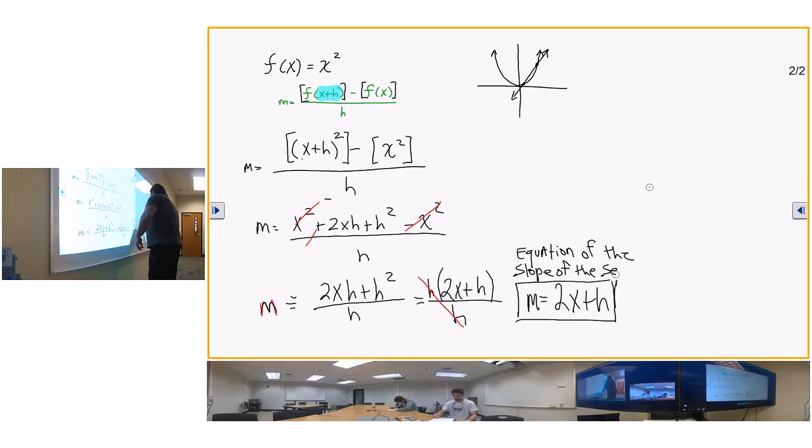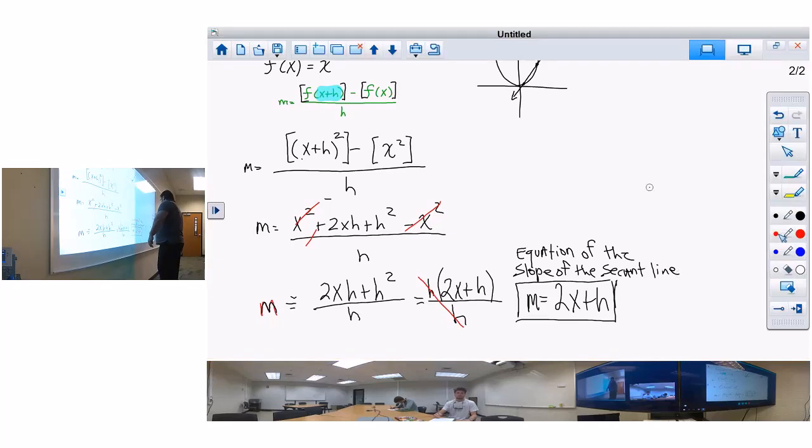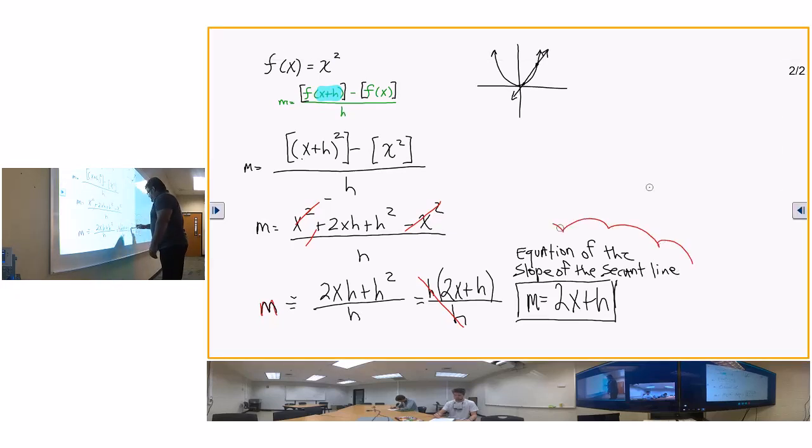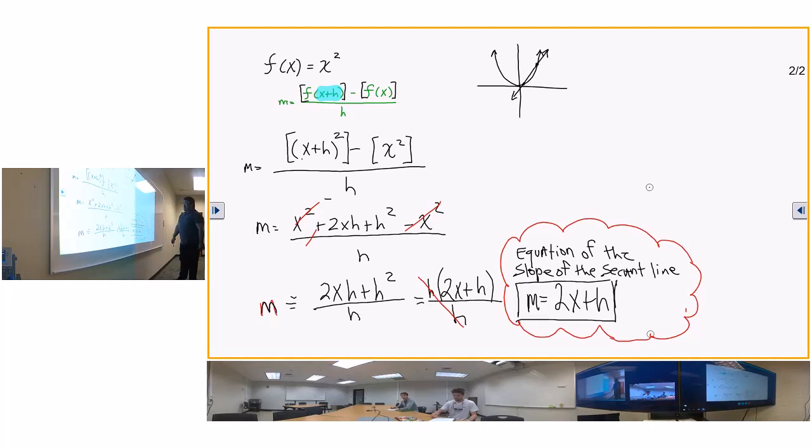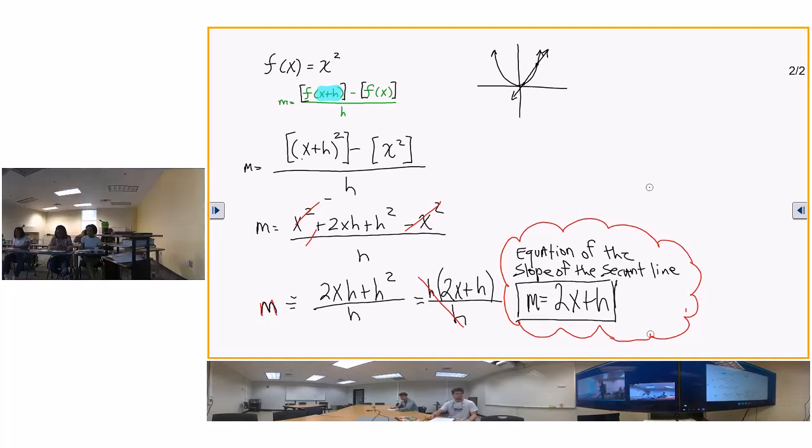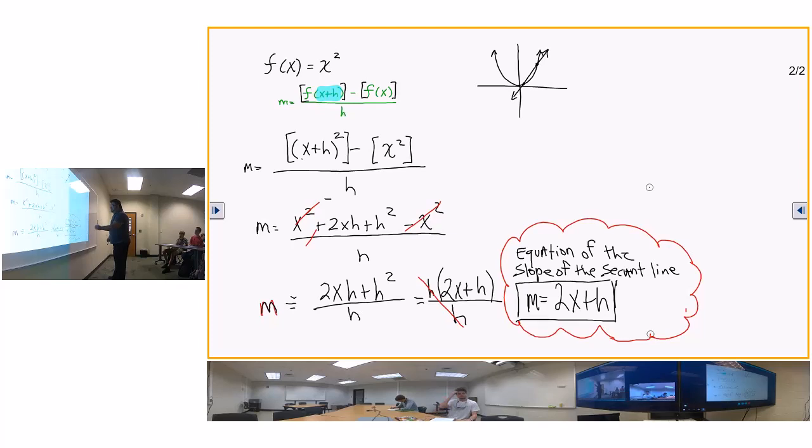Secant line. And this gets red. That means it's very important that you understand what that is. I don't want you to say slope. I don't want you to say M. I want you to say it's the equation of the slope of the secant line.